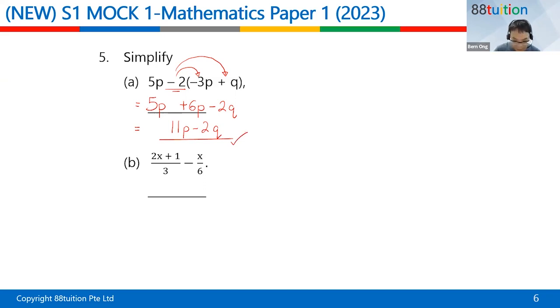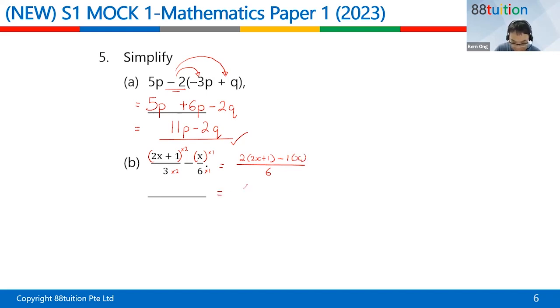Next, you have 2 fractions here. The first thing I will ask you to do is put on your safety brackets first. In order to make it the same denominator, you need the common LCM. In this case, it's 6. So you have 2, open bracket, 2x plus 1, close bracket, minus, what is this? 6 times 1, x must times 1. So it's 1 bracket x.